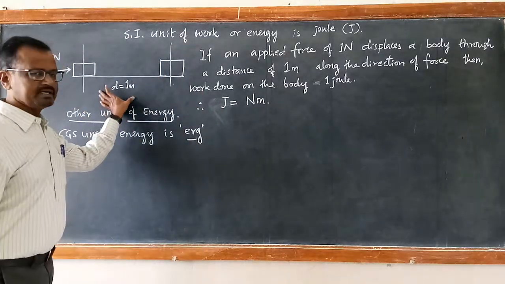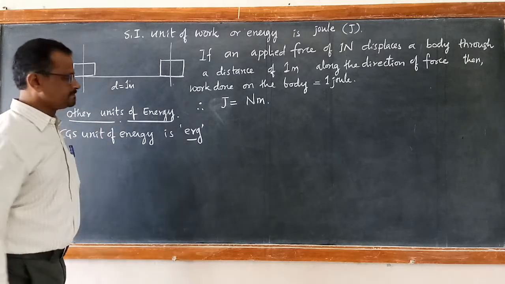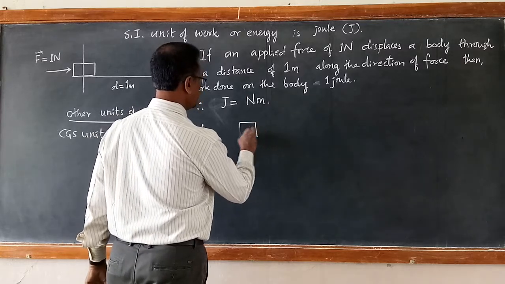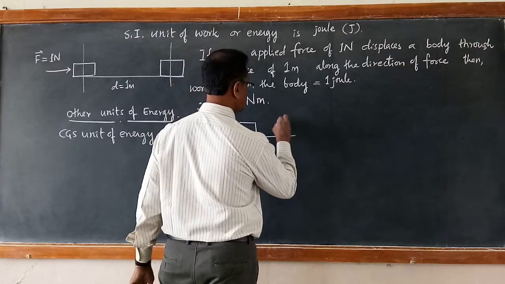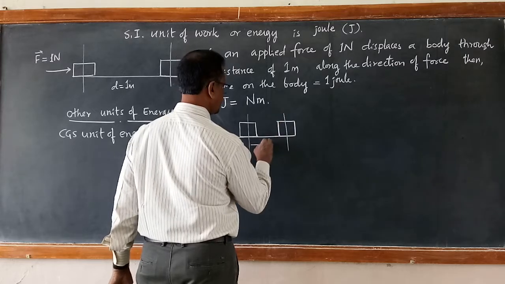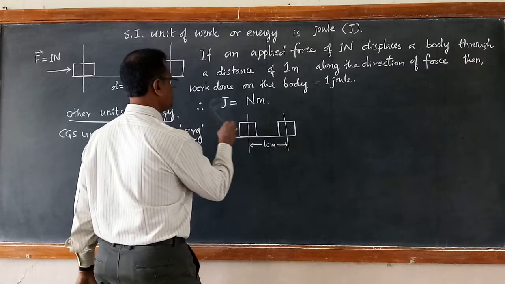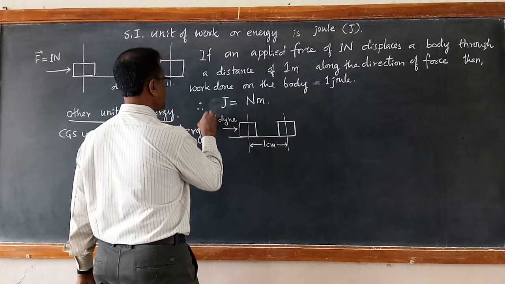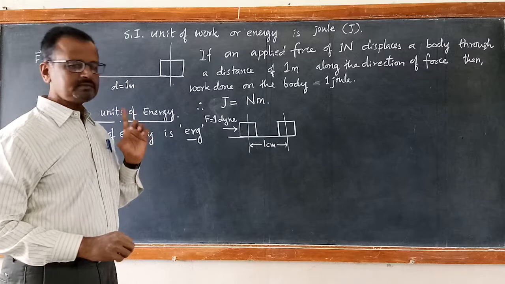If this is the body and it is displaced through a distance of 1 centimeter, not 1 meter, when we apply a force of 1 dyne, then 1 dyne centimeter is equal to 1 erg.